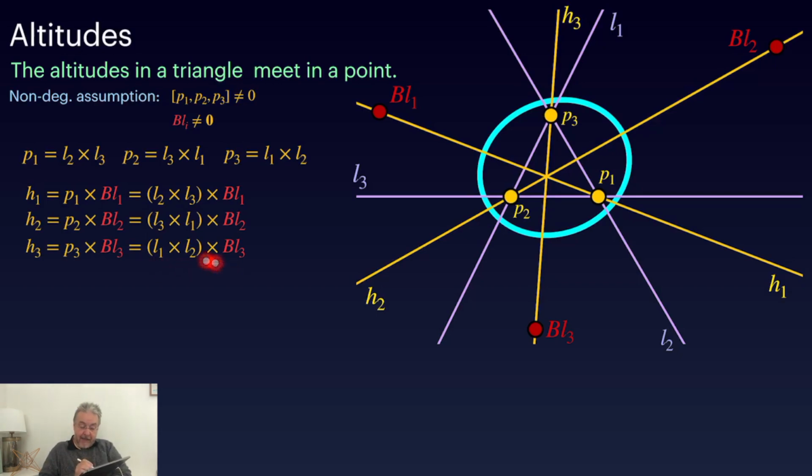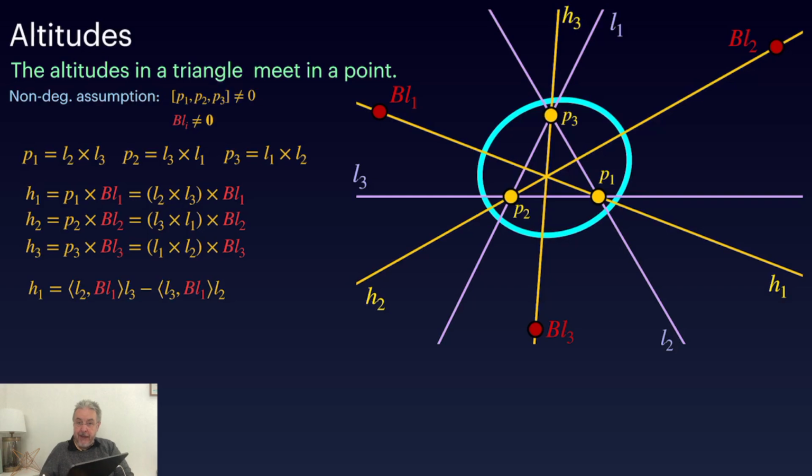So now look at this formula here, and perhaps you remember some of the Grassmann identities for dealing with vector products. You can rewrite this expression in terms of scalar products in the following way. You can rewrite H1, which is L2 cross L3 cross BL1, as follows: take the scalar product of L2 and BL1 times L3, and subtract this other expression here.